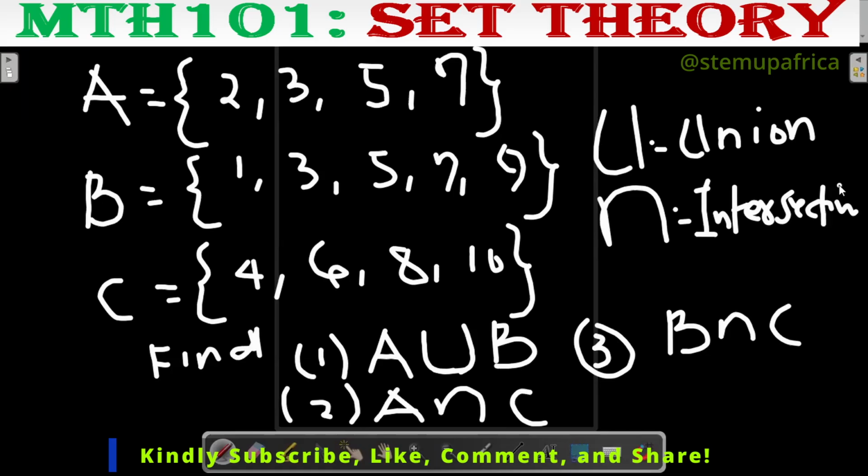Okay. What is B intersection C? B intersection C is... 1, 3, 4, 6, 7, 8, 9, 10.